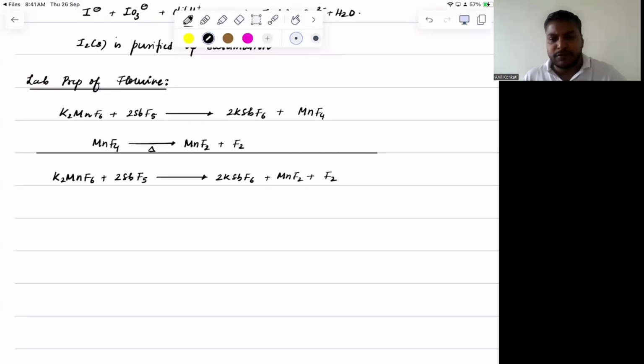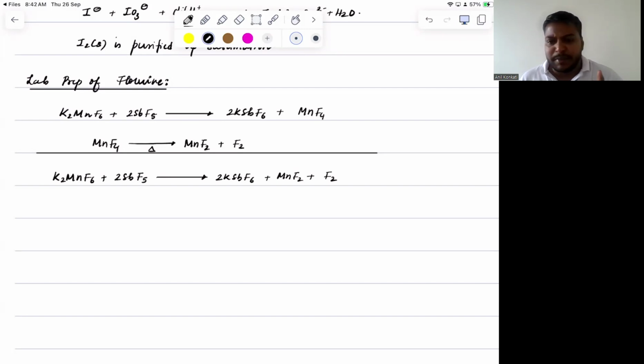So that's how we will get fluorine out. I hope this point is clear. These are the preparation reactions, guys, which you need to know. As far as the preparation and the chemical reactions are concerned, this is how much we need to learn.